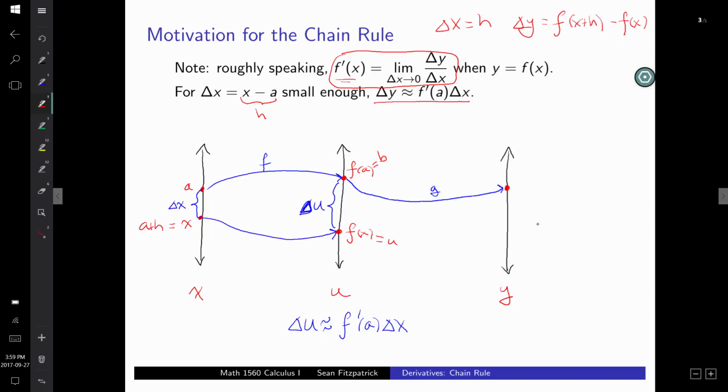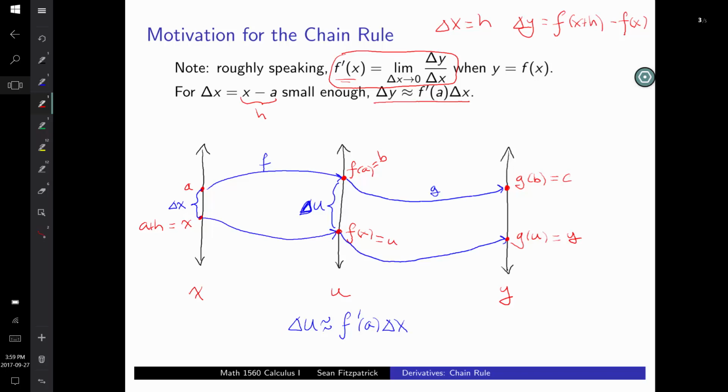What is this point going to be? This point is going to be g of b. Let's call that c. And it's going to take this point and land it somewhere over here. So let's say that's g of u, and that's my y.